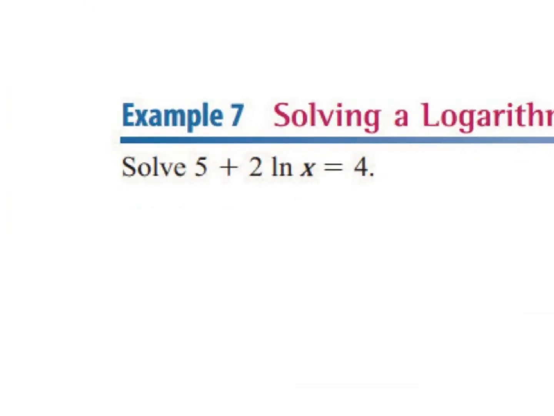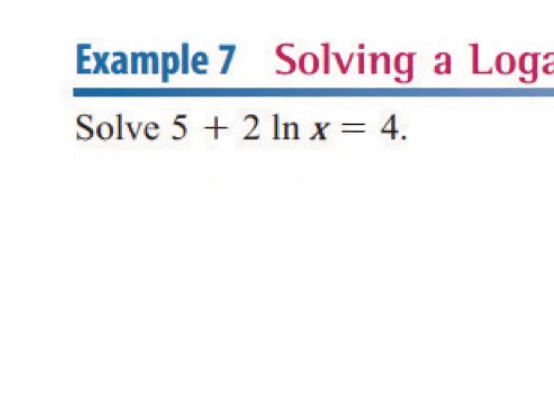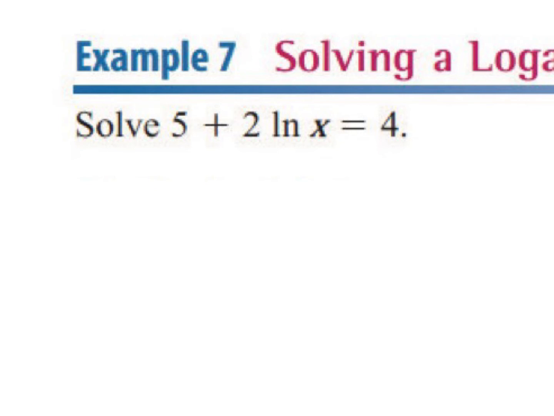All right, example 7. How can I solve for x? Subtract 5 on both sides because we want that ln all by itself. So 2 ln x is equal to -1. Divide by 2.